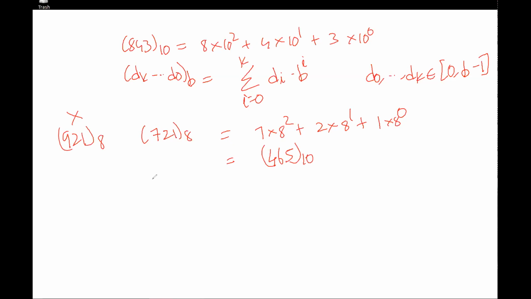So when we are working with binary numbers, the base is equal to 2. Using the same notation, base 2, what we get is the sum from i equal to 0 to k of d_i times 2 power i, because the base is equal to 2 here, and this is the binary representation.